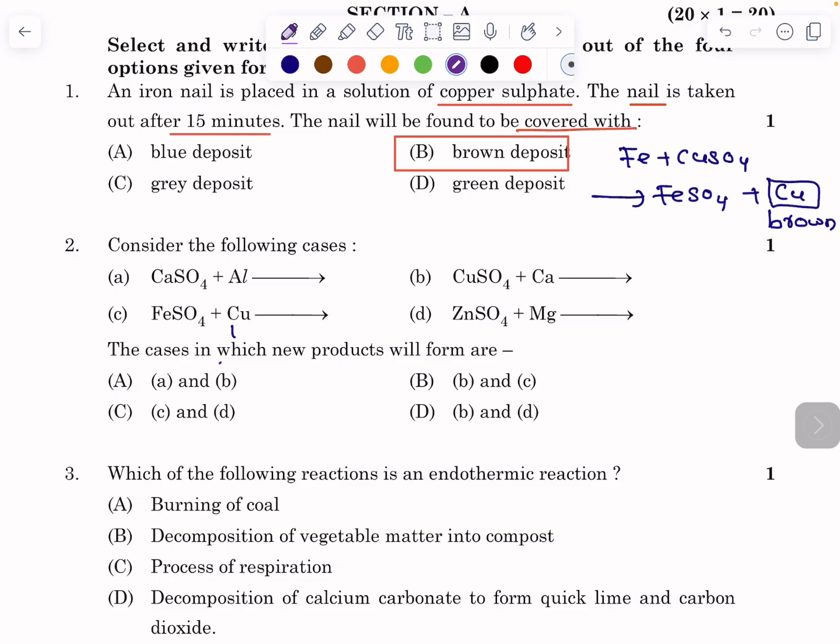Consider the following cases. In the first, second, third and fourth cases they are given. In which cases will new products be formed? To know this, we have one code: Pos-o-ca-ma-gil.